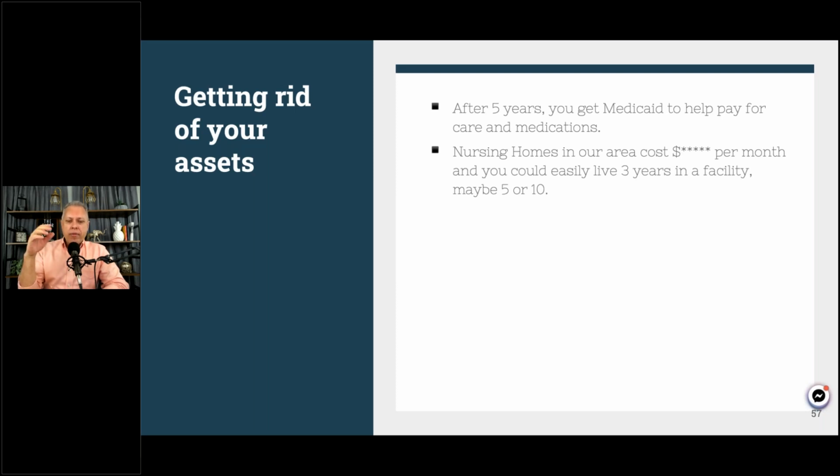Say, nursing homes in our area cost X, and you could easily live 3 years in a facility, maybe 5 or 10. So just do the math and say, if we want to keep these tax benefits, you're going to have to pay X number of dollars times 36 or times 60 or times 120. Do the math so that they can see those numbers.